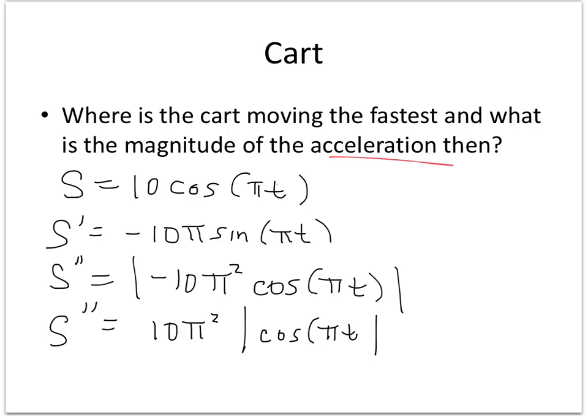And I look at times that acceleration equals 0. Well, remember, this is a number. That's not a variable. So I need to know when would that equal 0, and it's got to be at something of a t value that's going to make the cosine 0.